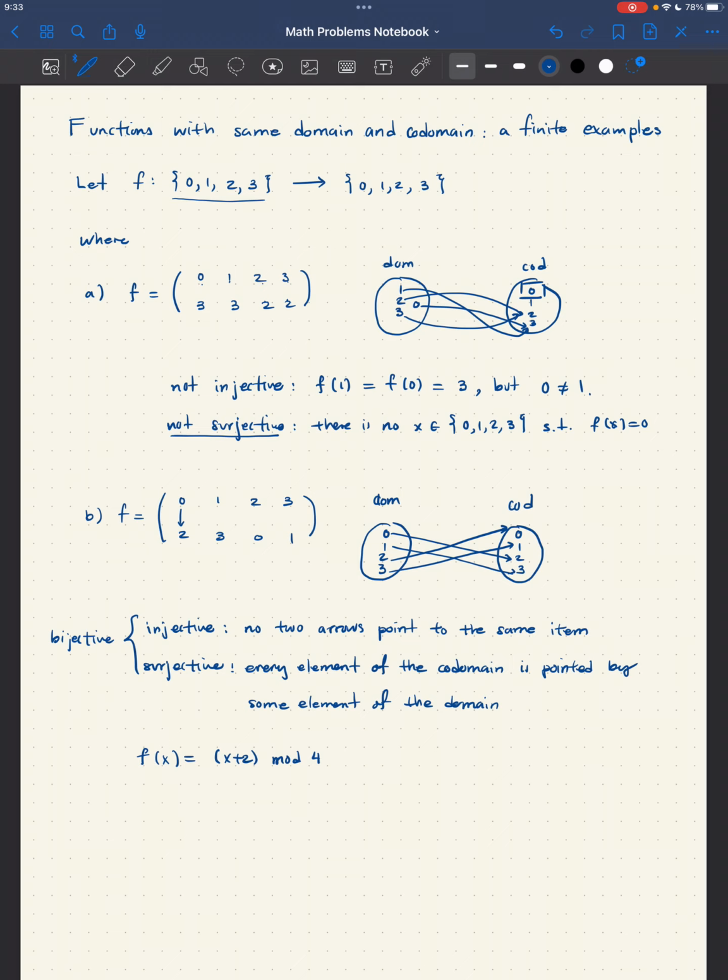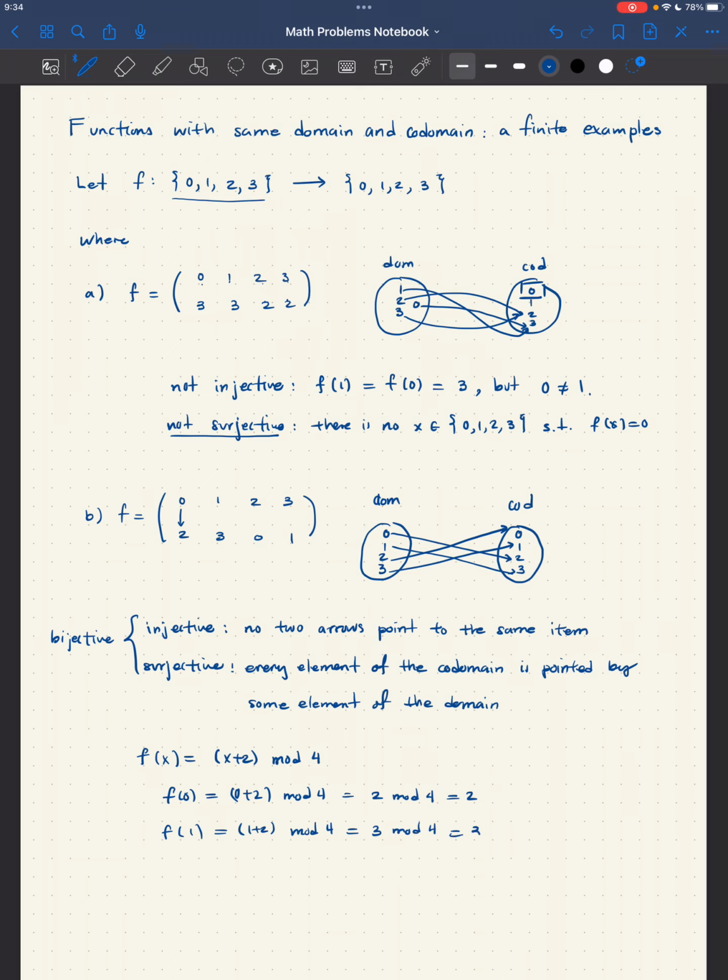So if I follow this computation, I have that f of 0 is 0 plus 2 mod 4, but that is just 2 mod 4, which is just 2. While f of 1 is 1 plus 2 mod 4, which is 3 mod 4, remainder.